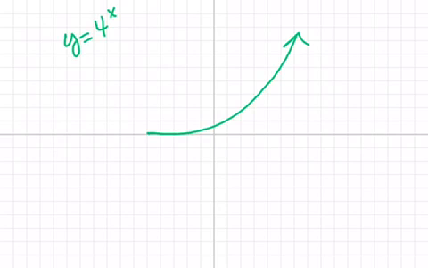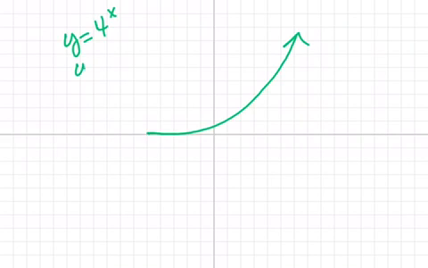I'm not going to graph all these equations for you, but I want to show you something. If the base is a whole number that is greater than 1, I'll just put 4, it doesn't matter, then the equation is going to be graphed like that.